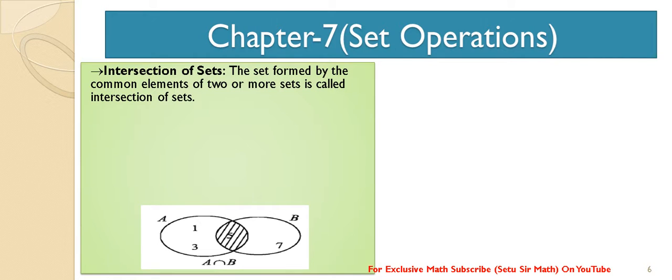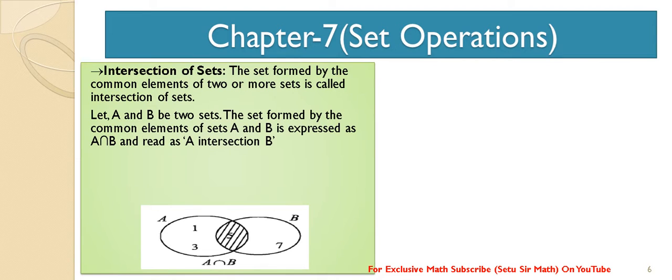But in the intersection of sets, we write down only the common elements between the two sets. This is the difference between union of sets and intersection of sets.